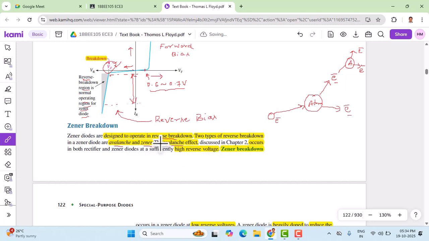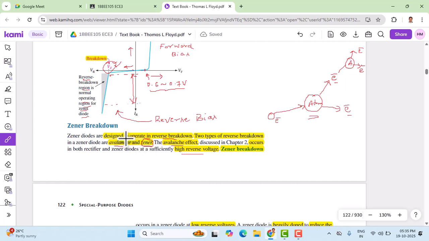So there are two types of breakdown. One is avalanche breakdown, which is due to the avalanche effect, as we already explained, and it sufficiently occurs at the higher reverse voltage. That's the way we can distinguish between avalanche breakdown and Zener breakdown. Whenever the breakdown happens at lower voltages, we call that Zener breakdown.